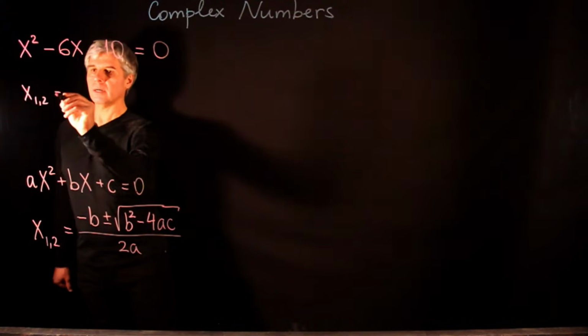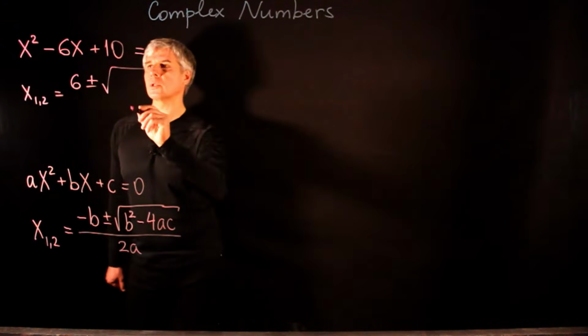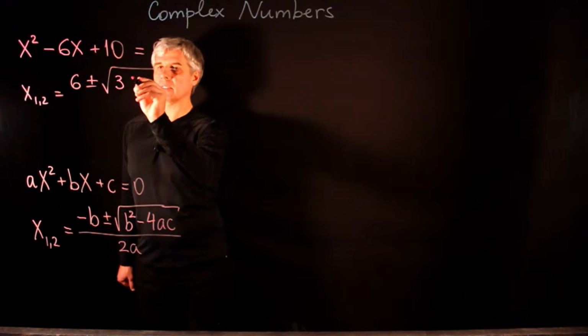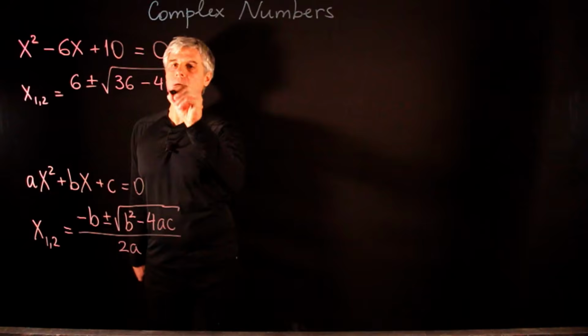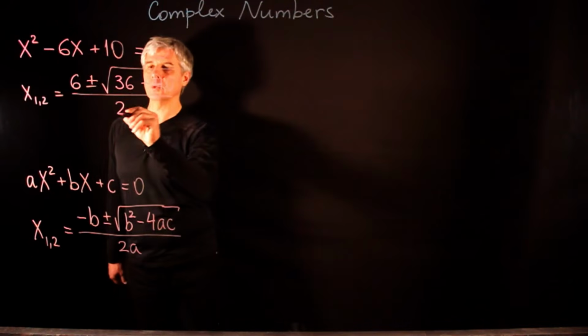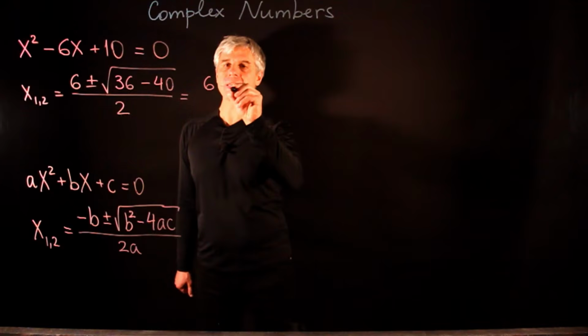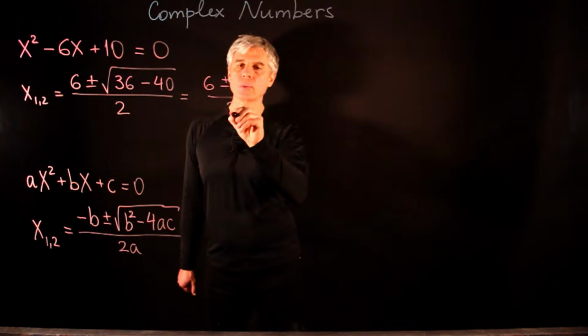So the roots are 6 plus minus square root of b squared, which is 36, minus 4ac, so that's 40, divided by 2. So that is 6 plus minus square root of negative 4 over 2.